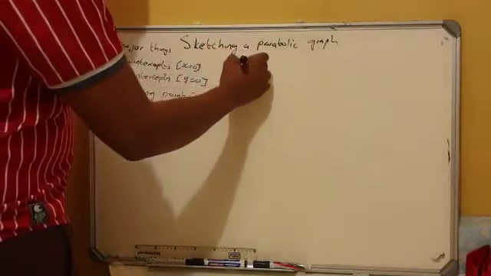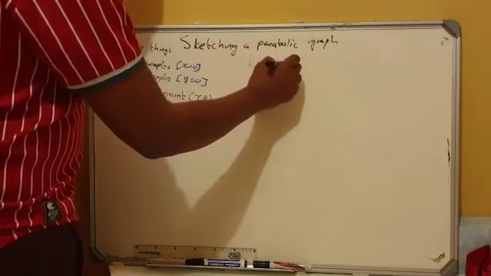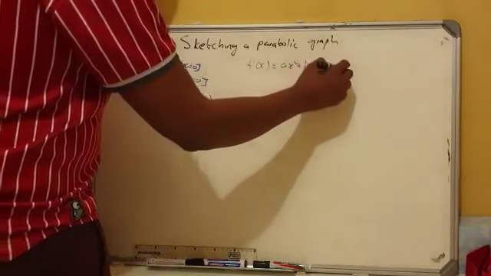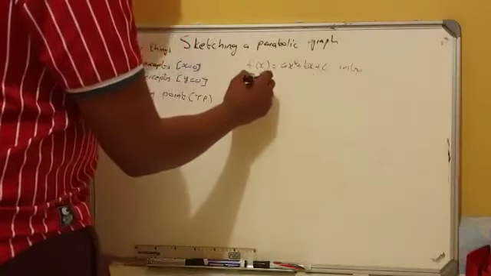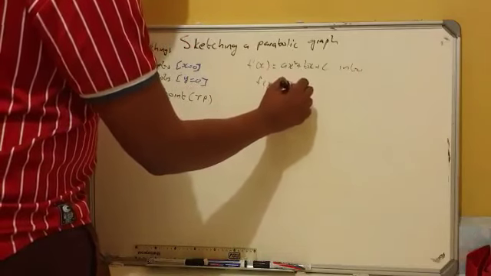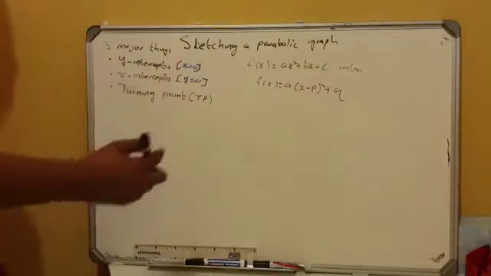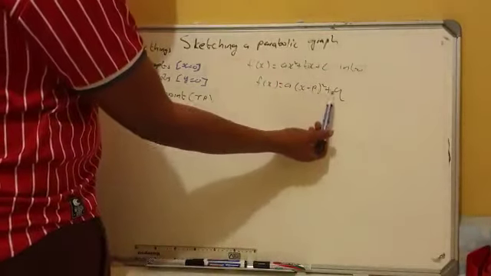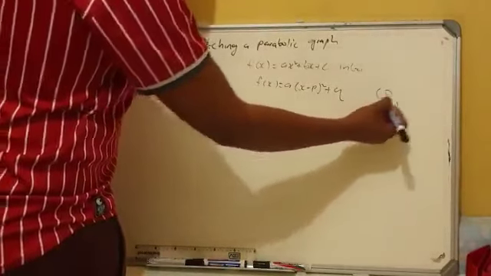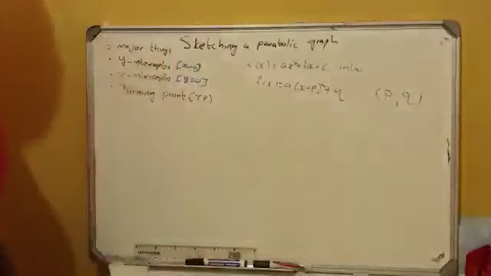Sometimes you will need to turn f of x equals ax squared plus bx plus c into f of x equals a times (x minus p) squared plus q, so that you can easily get your turning point. Your turning point will be p and q, where p is the x coordinate of the turning point and q is the y coordinate.